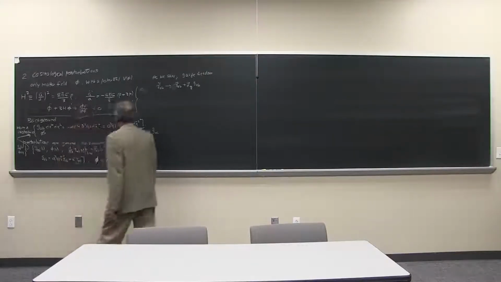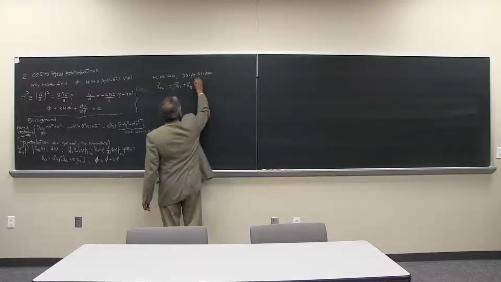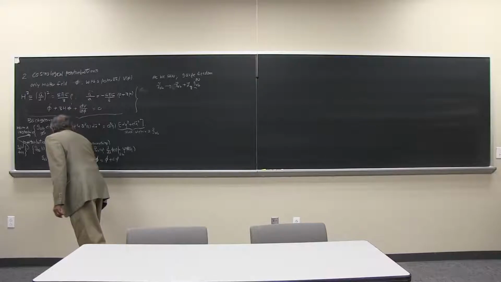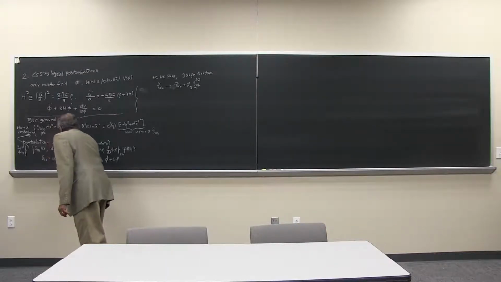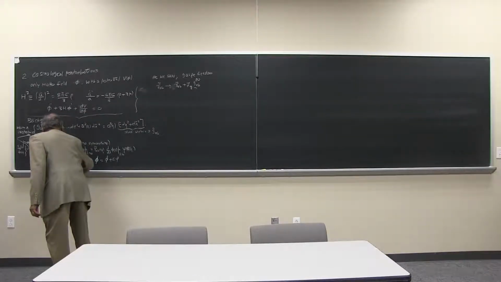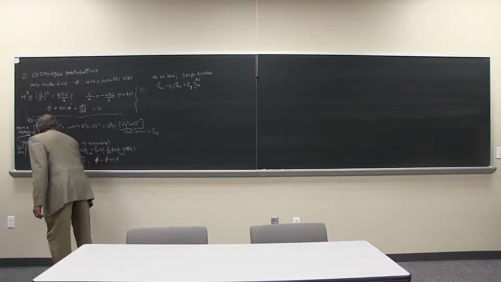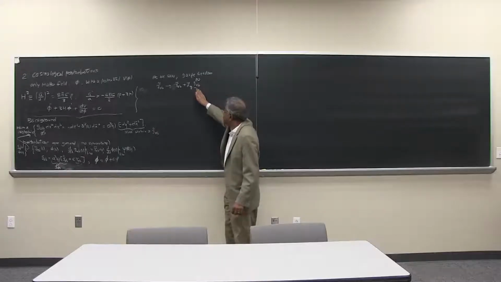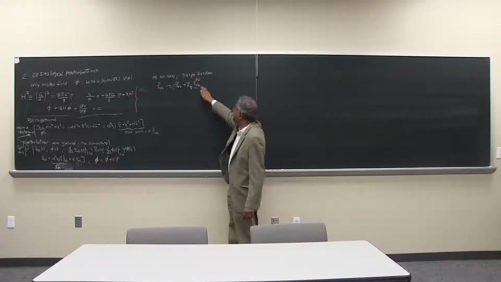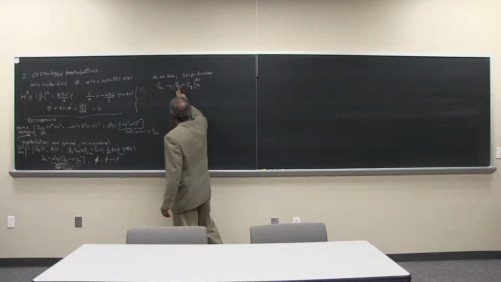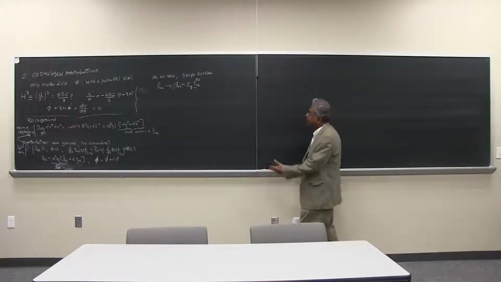There is a background metric up here that is given to us, let me call it g AB of background. And I just take the Lie derivative of that. That is just a change in the background metric, but you can think of it as an infinitesimal change being absorbed into the perturbation, and that is a gauge transformation.